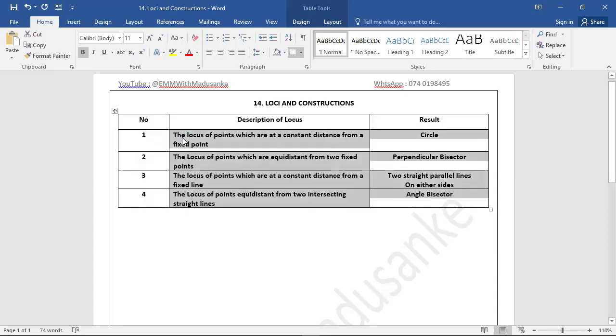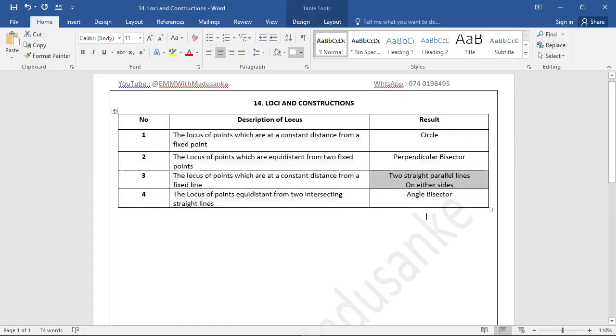So these things are the main loci you have to learn. You know the main method. So you need to learn these things, right? Importantly, in your exam they might ask you to construct the locus of points which are at a constant distance from a fixed point, that is your circle.